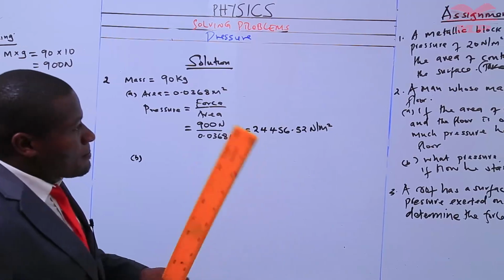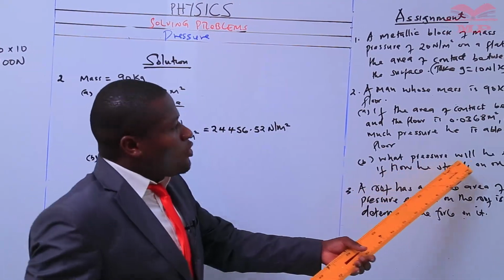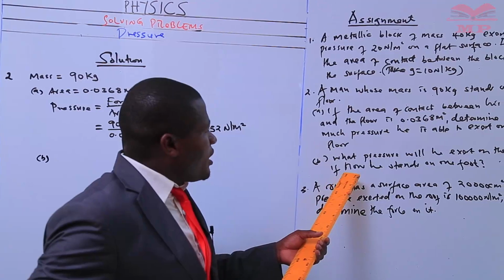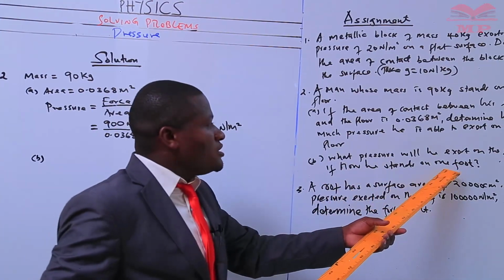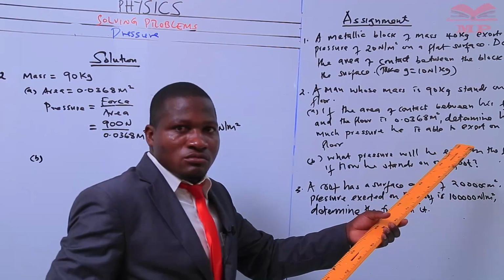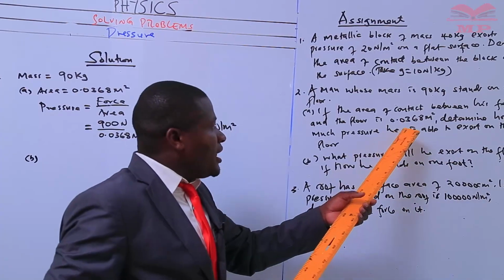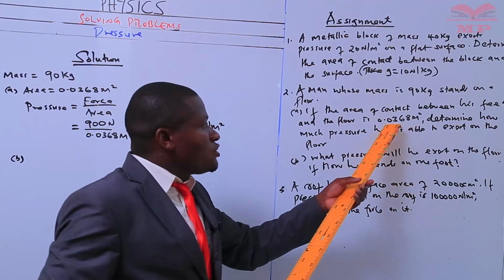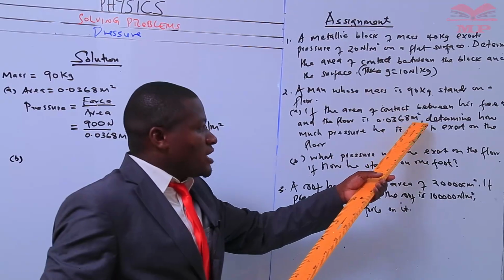For part B, what pressure will he exert on the floor if now he stands on 1 foot? So remember, the area for feet is 0.0368.